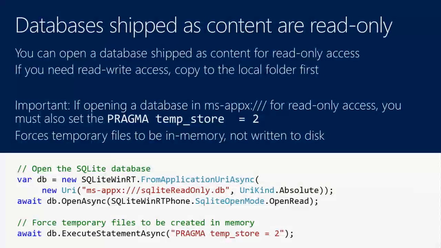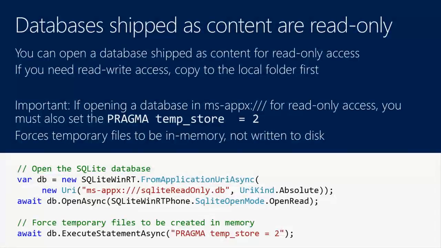Now, if you're not doing any complicated joins or anything like that against the data, this next bit is probably not necessary. But whenever you do complicated queries against the database, it creates temporary storage, and it stores them in files. By default, it creates them in files in the same folder where the database is.